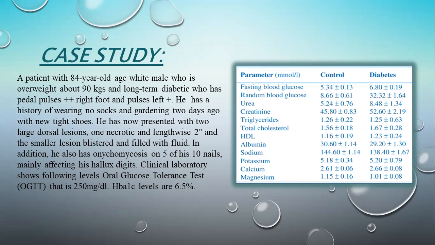The other parameters of this patient, for example, urea is 8.48, creatinine is 52.60, total cholesterol is also beyond the limit, HDL is also increased, albumin is increased, sodium, potassium, calcium, meaning all the clinical laboratory testing shows that he is suffering from chronic diabetes.